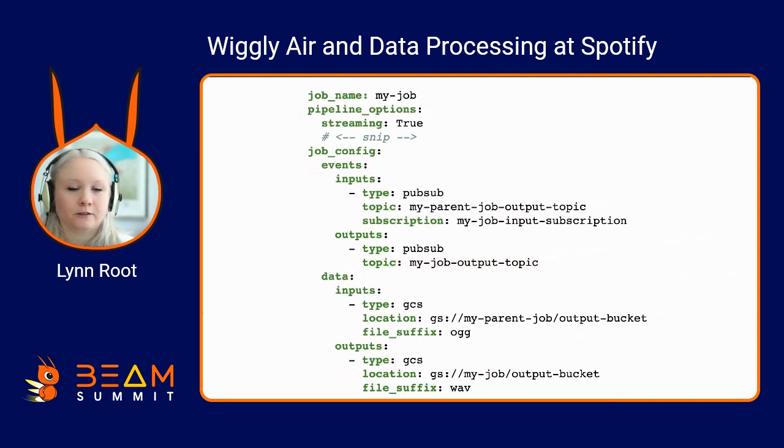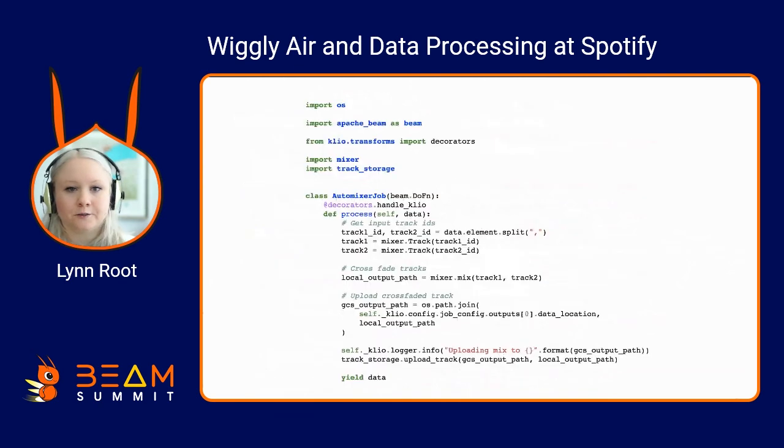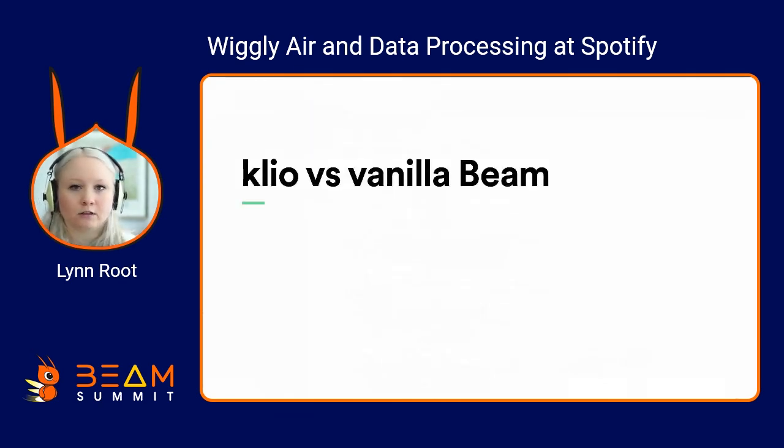So with a little bit of configuration and some helpers, Clio can take this and allow users to just care about this. So overall, Clio strives to simplify defining Beam pipelines for users. By removing configuration from code into a separate YAML file, it allows the jobs to be both portable and quickly iterated upon.